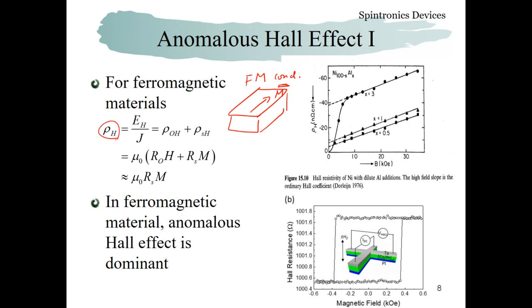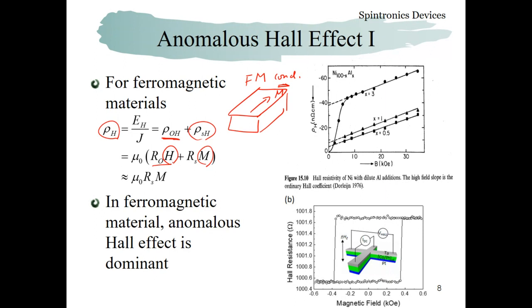So the Hall effect originates from the ordinary Hall effect, and we have an additional one. The ordinary Hall effect is proportional to the external magnetic field, and the other one is proportional to the magnetic moment of the ferromagnetic material.